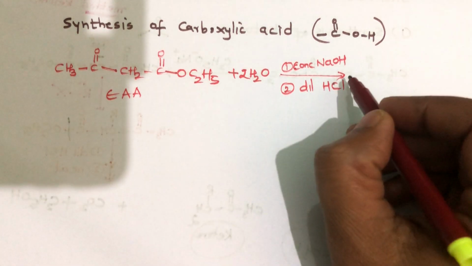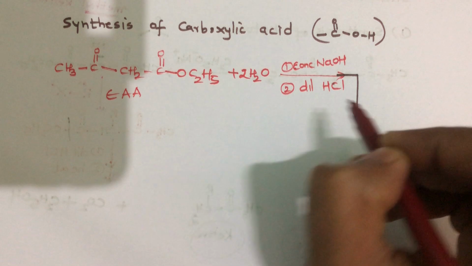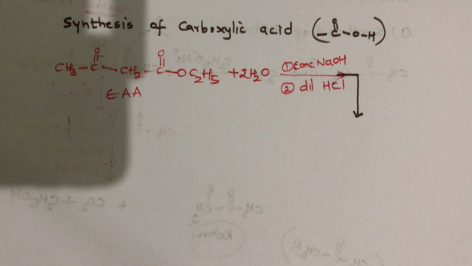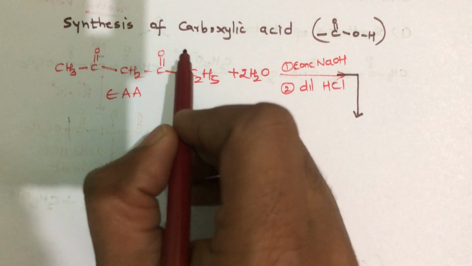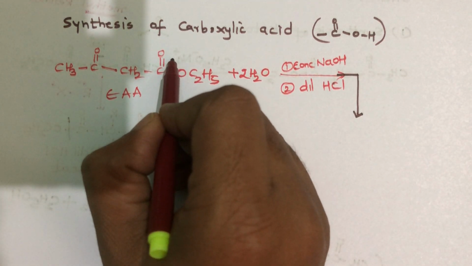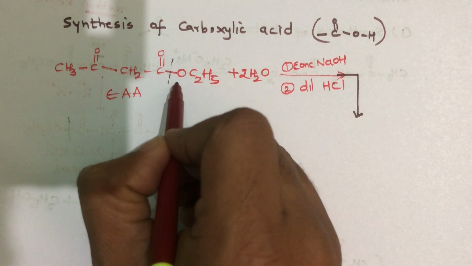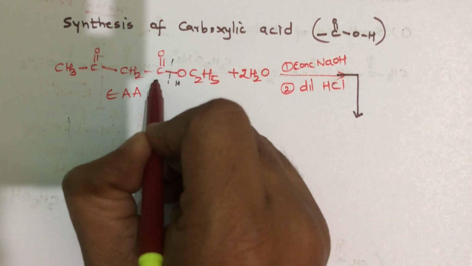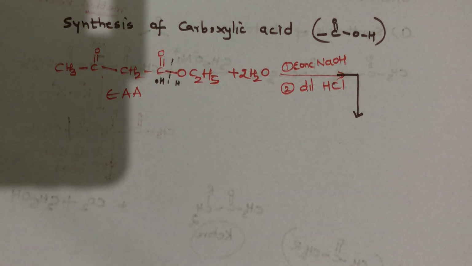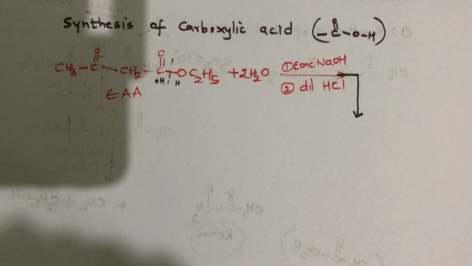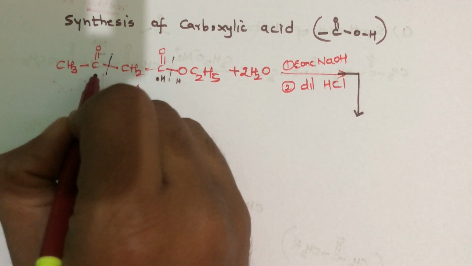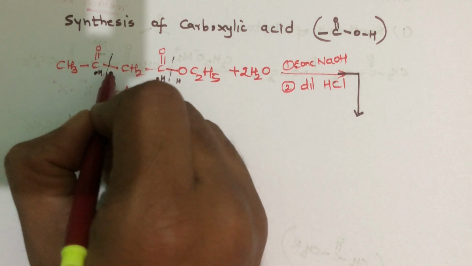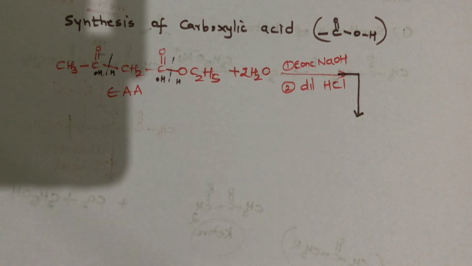See what happens here. This undergoes hydrolysis. Now when it is hydrolyzed, this bond breaks. H adds here, OH adds here. This bond also breaks. OH adds here and H adds here.